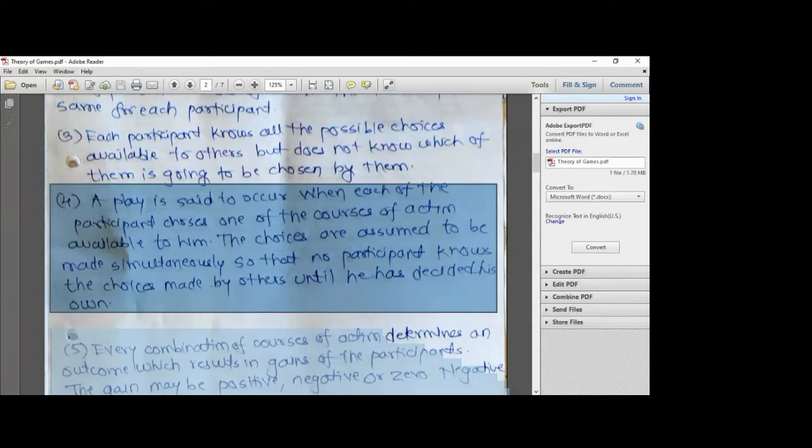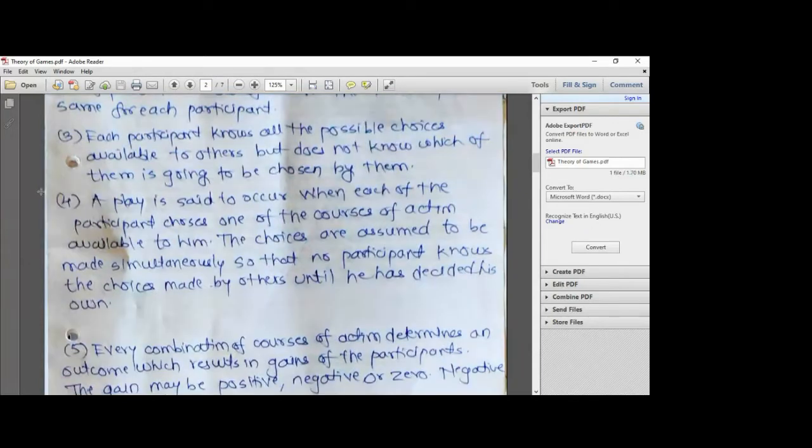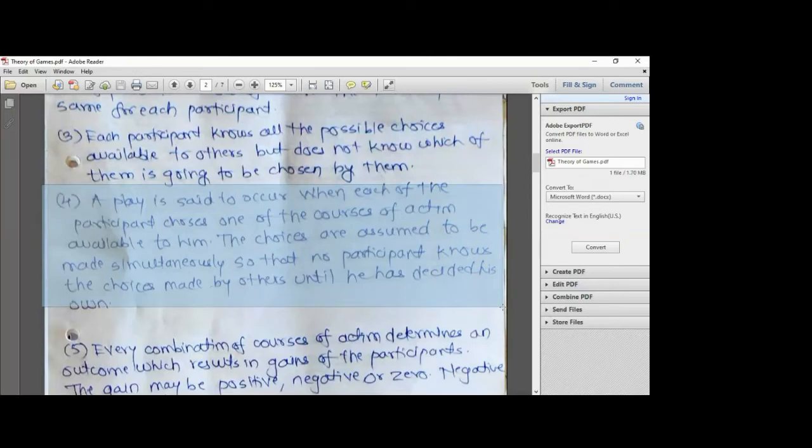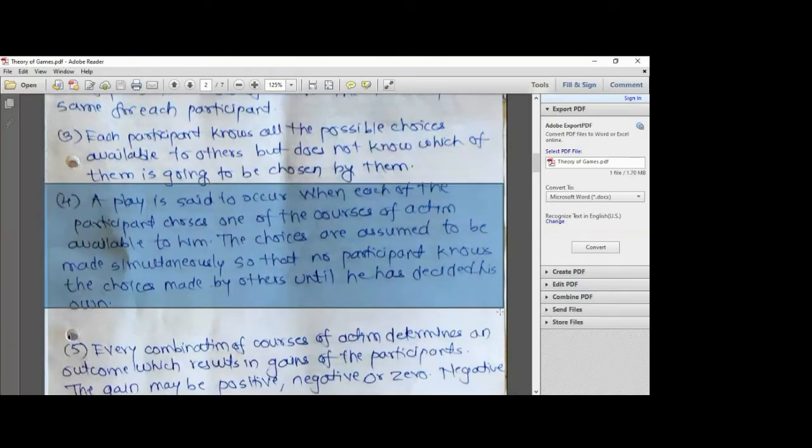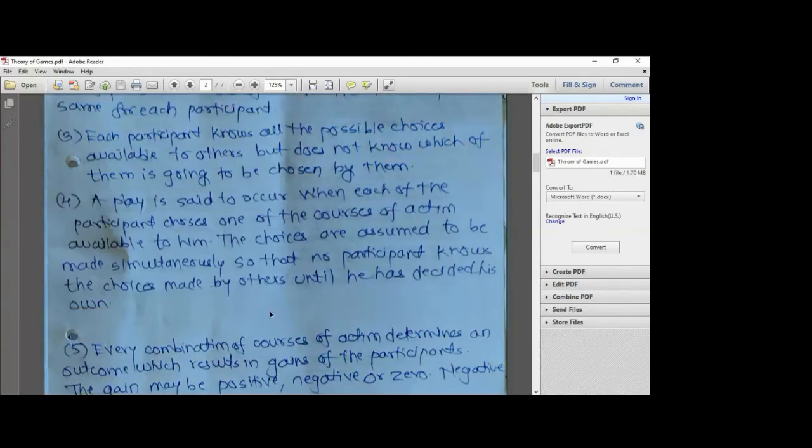So this is again one of the considerations here. When we say that a play has occurred, each of the participants has chosen one course of action. After choosing, we say that the play has occurred, and the choices are to be made simultaneously, right? So that no participant knows the choices made by the others until he has decided his own, right?